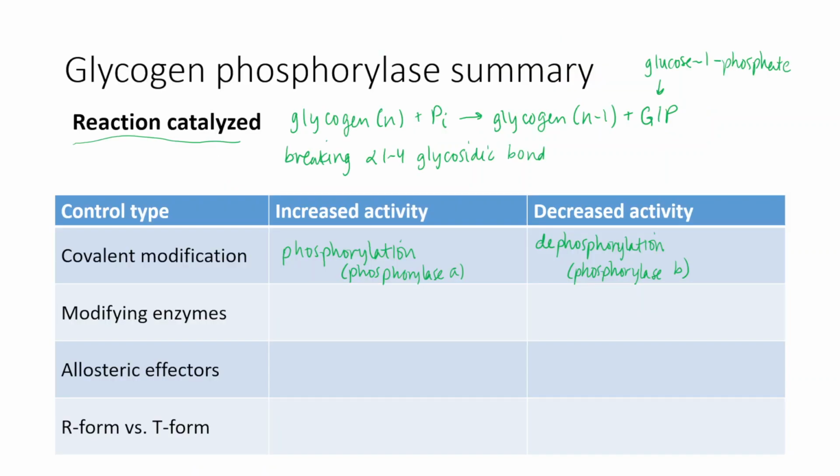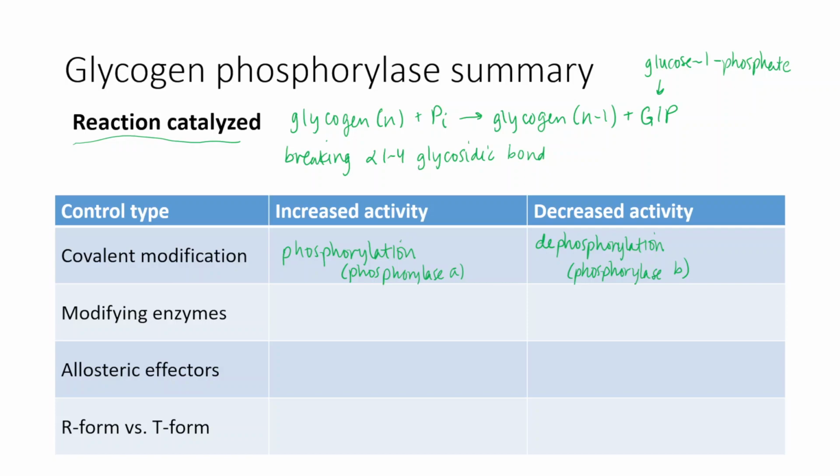So that brings us to modifying enzymes. What enzymes are going to phosphorylate and dephosphorylate our glycogen phosphorylase enzyme? Does the kinase increase or decrease activity?